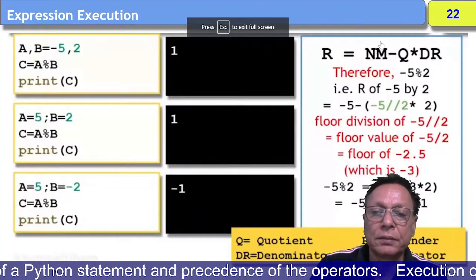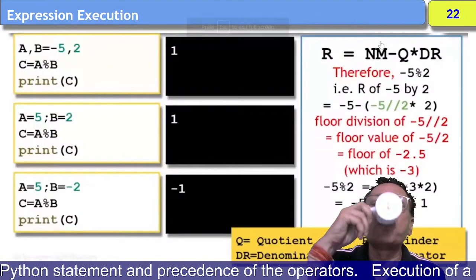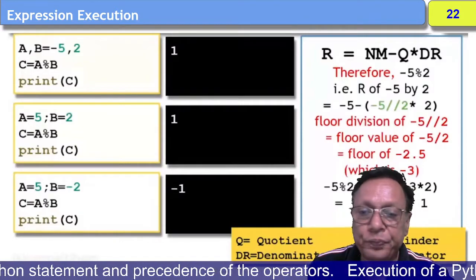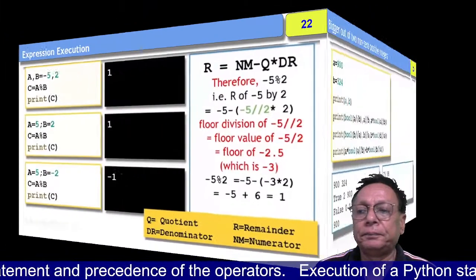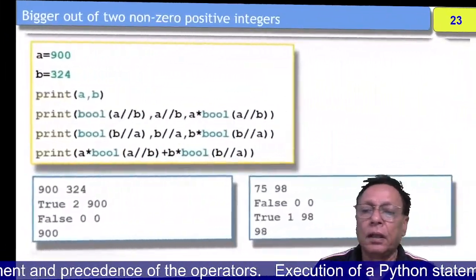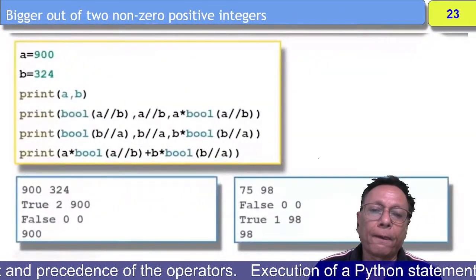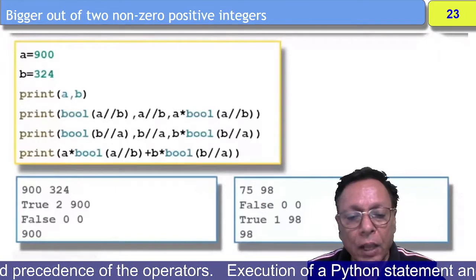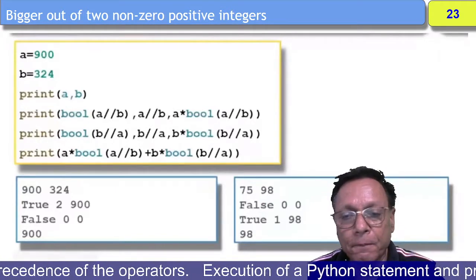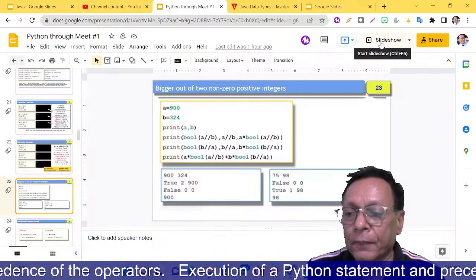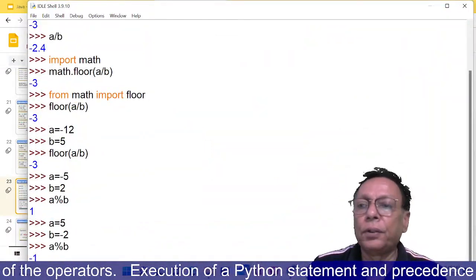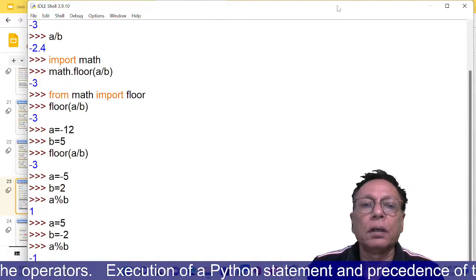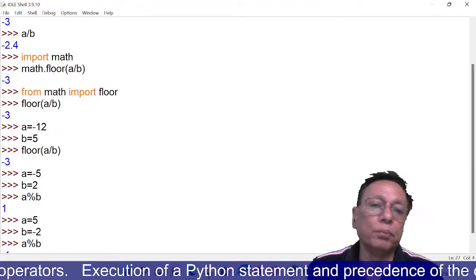So what's next? Next is this. It's very simple. Means how to find out the greater of two integers using bool.